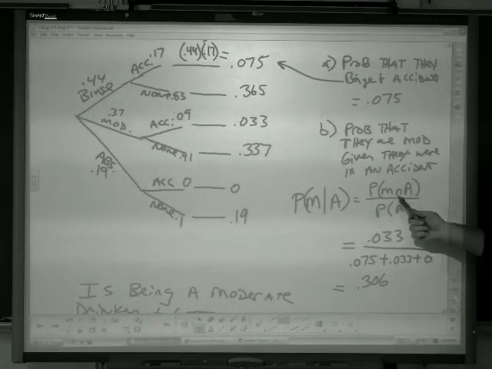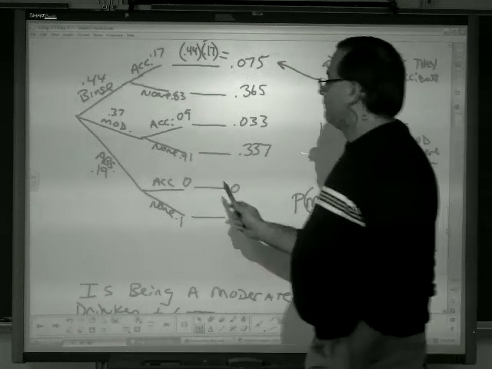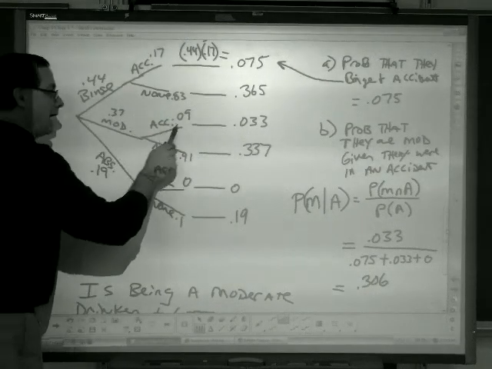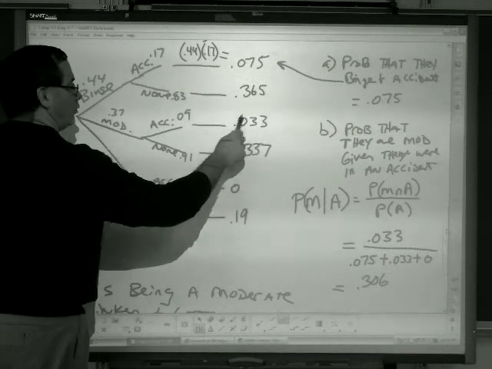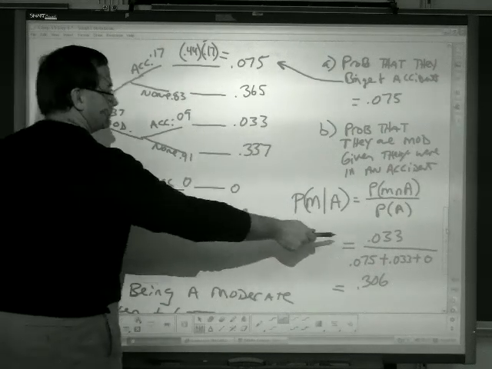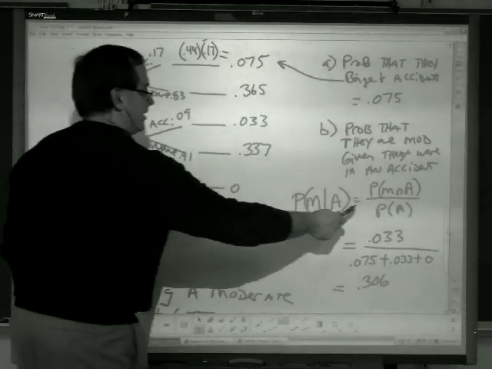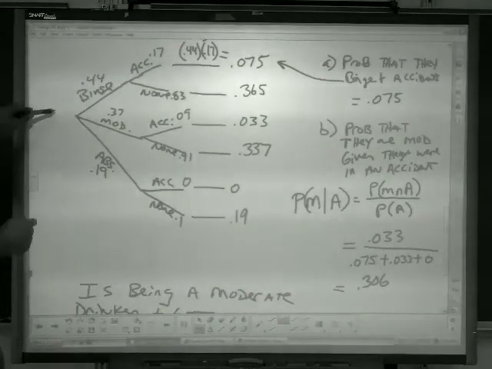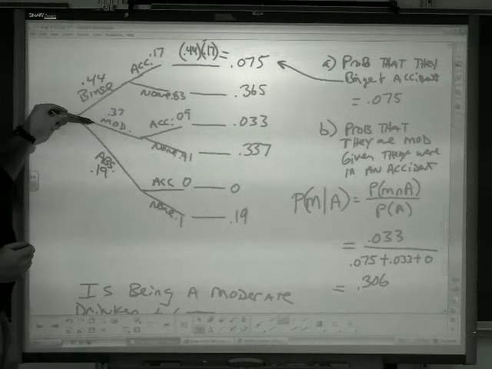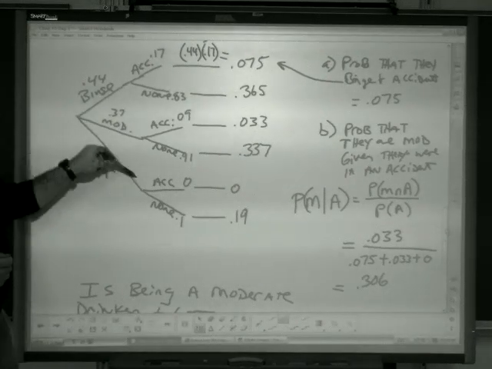So moderate and accident, where is that? Moderate and accident, 0.033. Okay? Accident. Well, accidents could be here, here, or here.